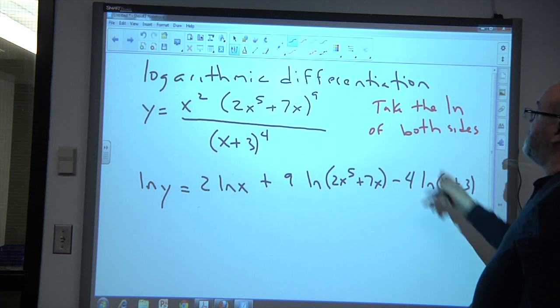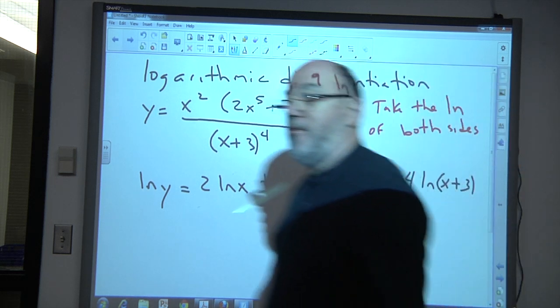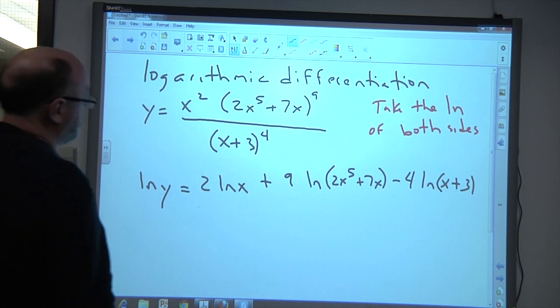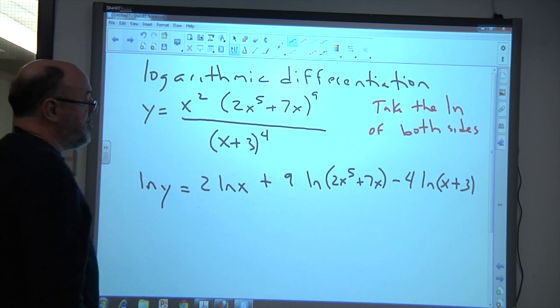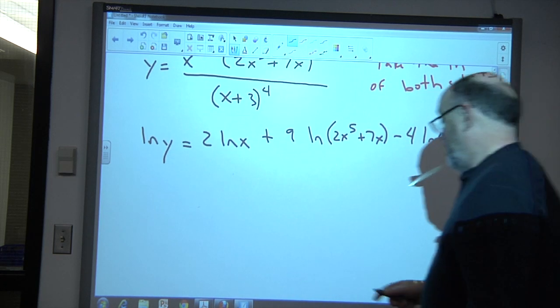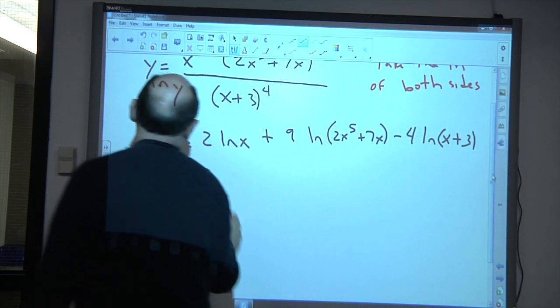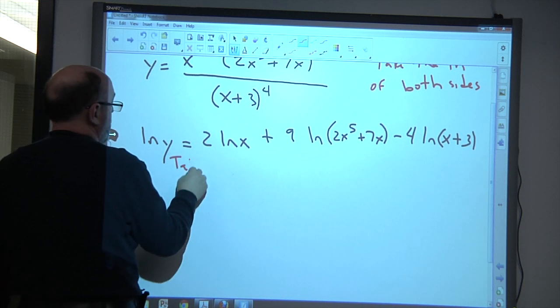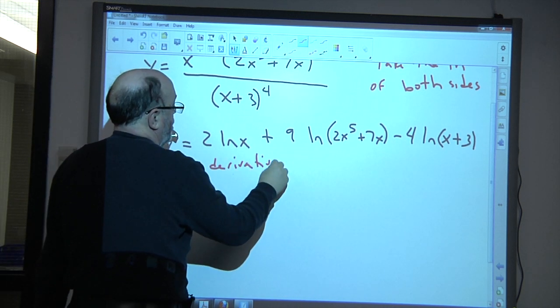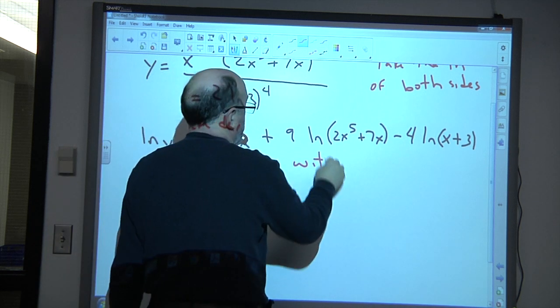So the other thing that comes into play are all the various rules we had before in terms of logarithms: power rule, product rule, quotient rule. Next step is to take the derivative. So now we're going to take the derivative with respect to x.